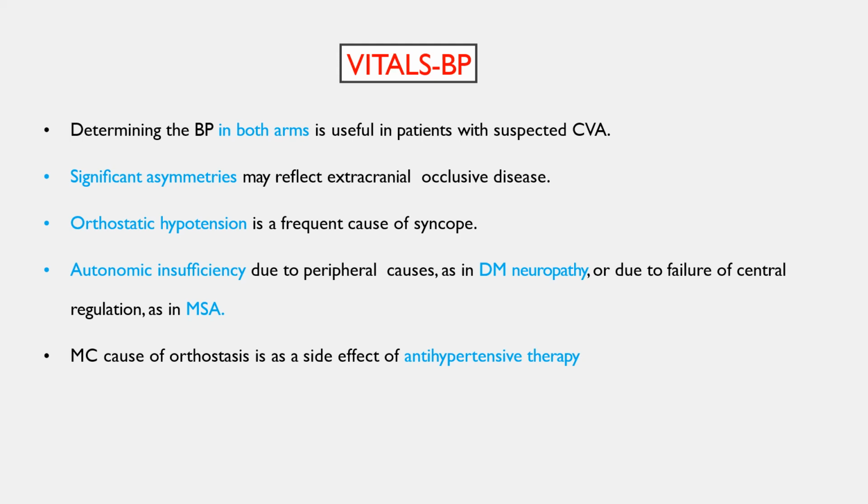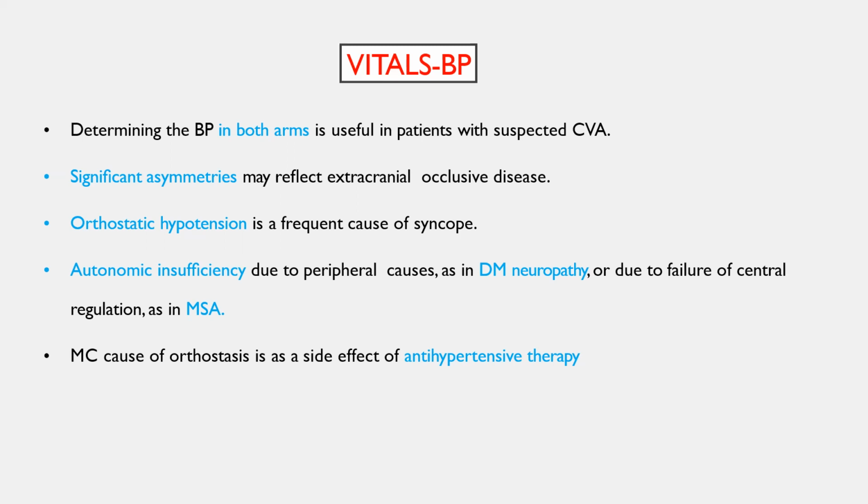And one more entity is delayed orthostatic hypotension. Sometimes even after 10 minutes of standing, the patient might have orthostatic hypotension. If you strongly suspect it, better check at 10 minutes also. This will help you diagnose various neurological conditions.